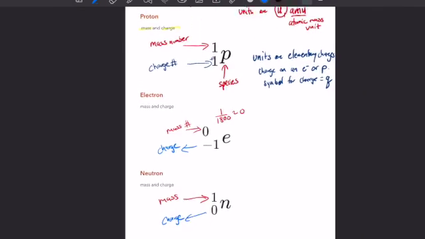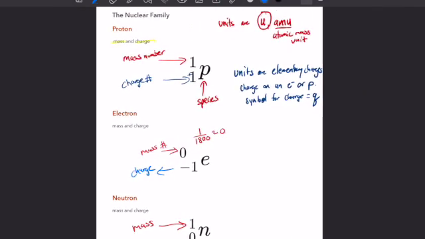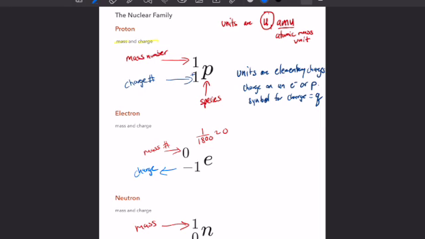And so these are the basic facts about charge and mass for the proton, neutron, and electron, and how we write them. What comes next is how to write equations to balance nuclear reactions.